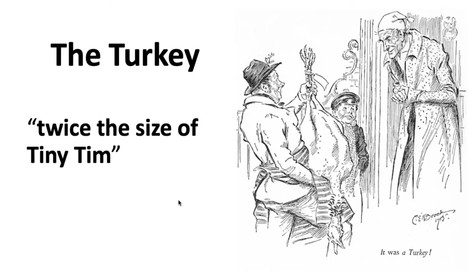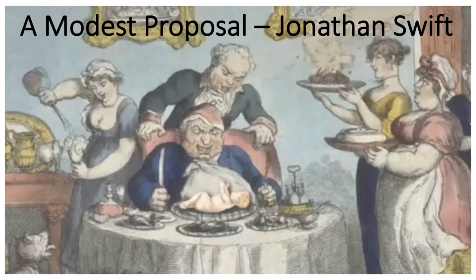All Dickens readers would have known children who had died far too young. Now remember I told you that Dickens readers would have been very well off. Well, the other characteristic of well-off people is that they would have been highly educated. And this comparison of Tiny Tim to the turkey, which the family are going to eat, remember, is a literary reference to a really famous pamphlet written by Jonathan Swift. He's the guy who wrote Gulliver's Travels.